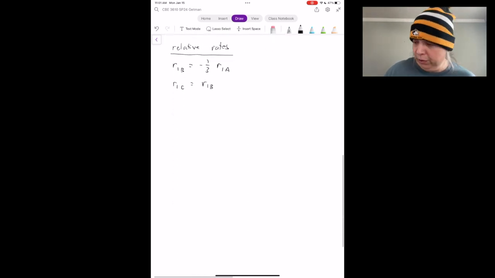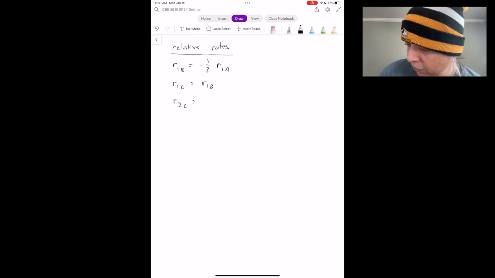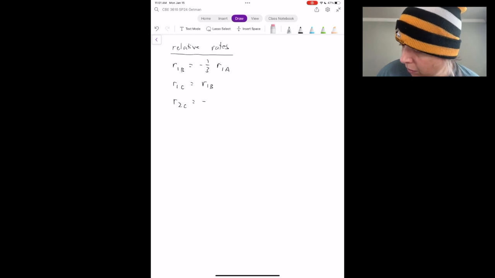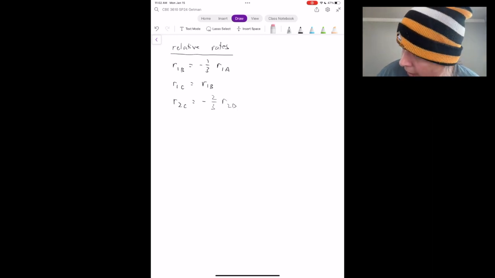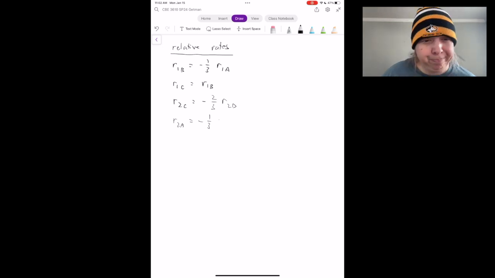Okay, so if I go through and do that, I'll have R2C is equal to negative 2/3 R2D, R2A is equal to negative 1/3 R2D.